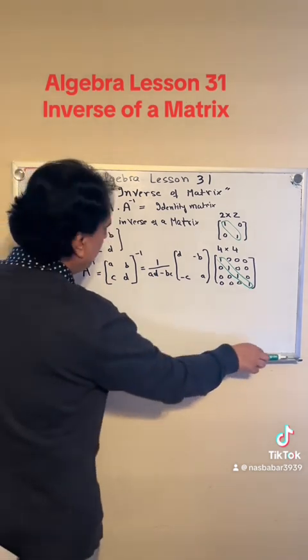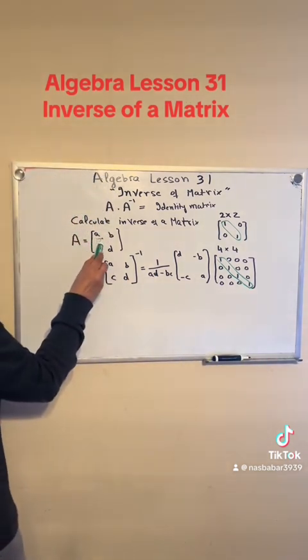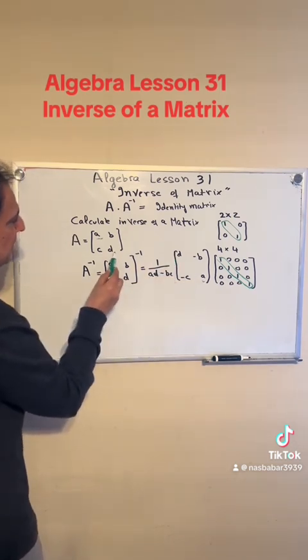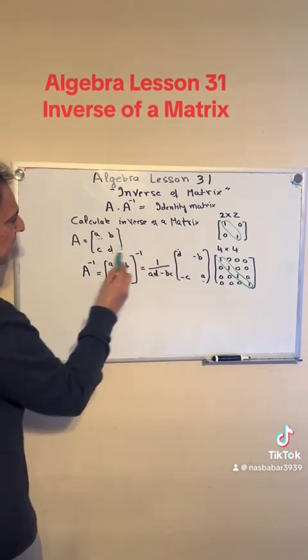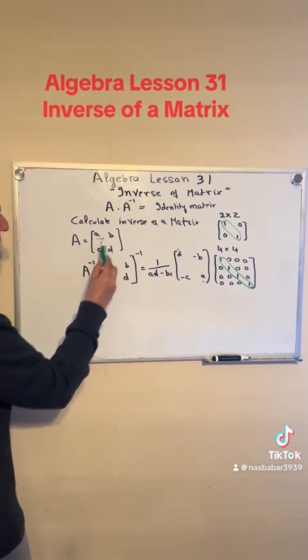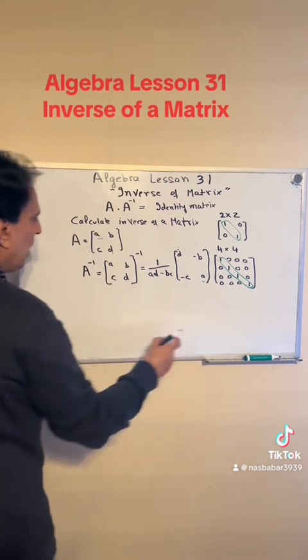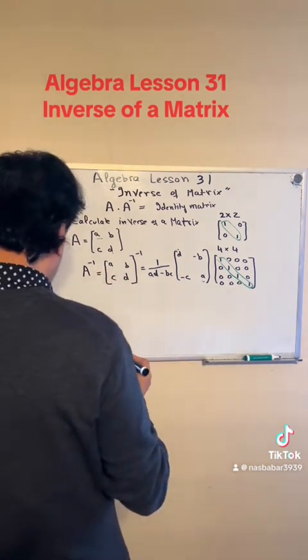A right here goes right here, D right here goes up right here, and C and B stay in the same position, but we change their signs. Now you can use the formula to solve any problem.